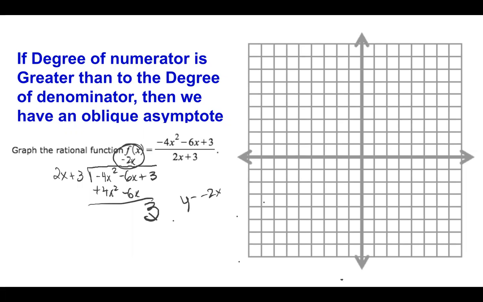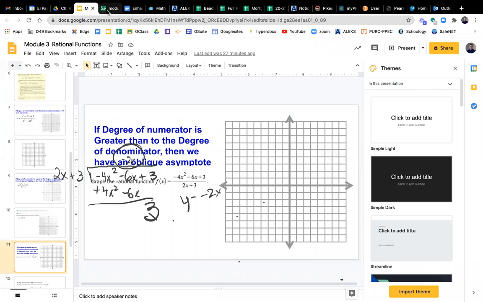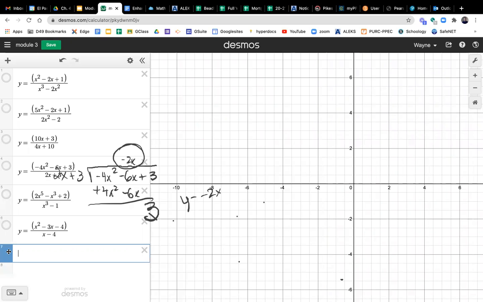So I'm going to remember that, and I'll go back to our Desmos, and I'm going to take this off, and I'll make a new graph, y equals negative 2x. So that is the asymptote, y equals negative 2x.